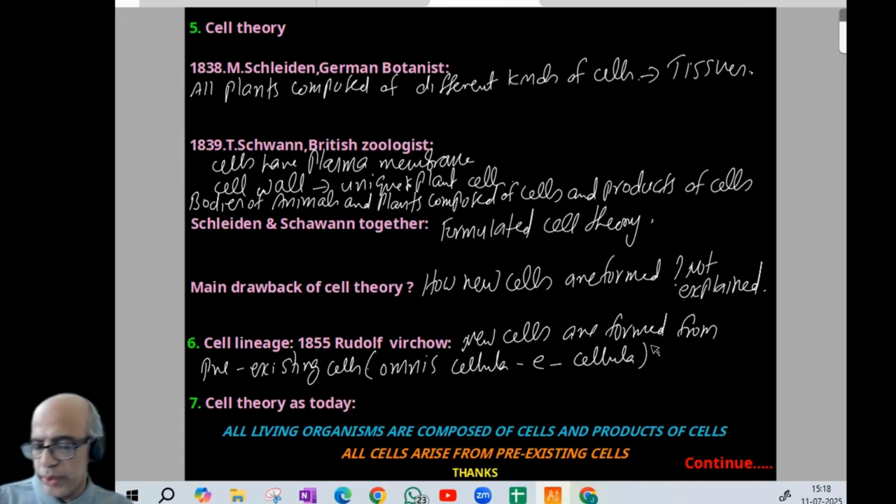That is Rudolf Virchow's cell lineage: a new cell arises from a pre-existing cell. When we combine all this, cell theory as of today says that all living organisms are composed of cells and products of cells, and all cells arise from pre-existing cells.